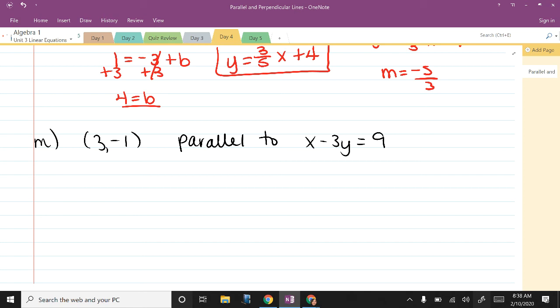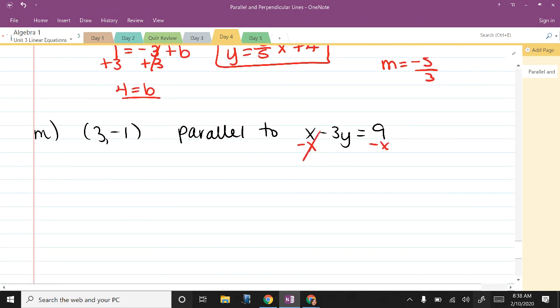All right, so we got to do what? Subtract x, yep. So -3y equals negative 1x plus 9. Now what? Divide everything by -3, and then we'll simplify.